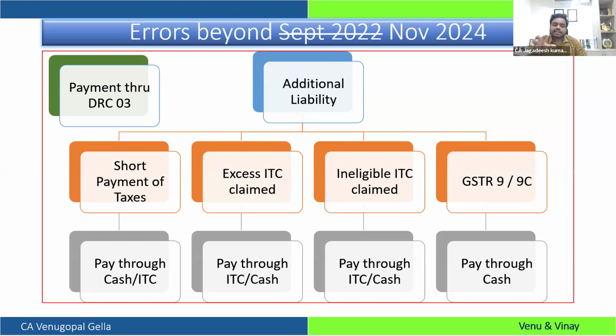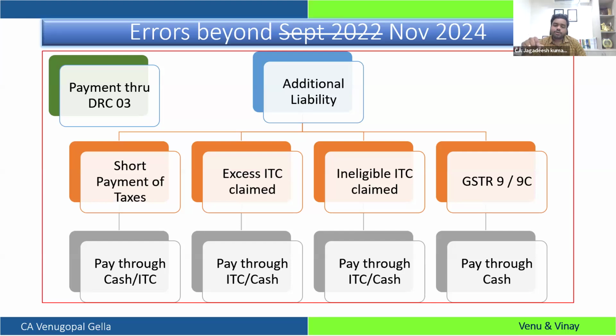The exception is that if you have maintained the ITC balance in your electronic credit ledger, in that case you can pay this liability through DRC 03. Let's say you need to reverse ITC of 1 lakh. But at the time of March 24, this 1 lakh pertaining to March 2024, I didn't have any ITC balance. Now in the current period, I have accumulated that 1 lakh. Can I use this 1 lakh?